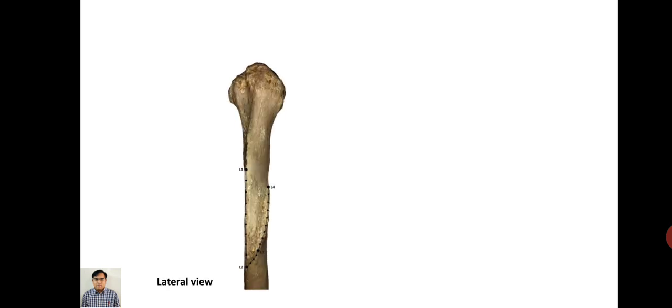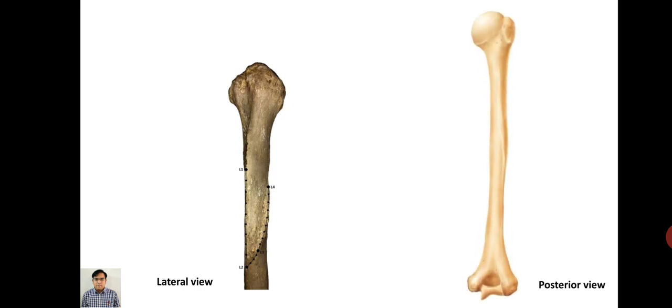On lateral surface, anterolateral surface, in the middle of humerus there is V-shaped impression. This blue impression is deltoid impression or deltoid tuberosity, because the deltoid muscle is attached over here, that's why the name given.